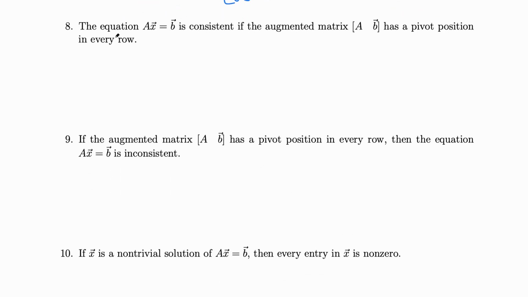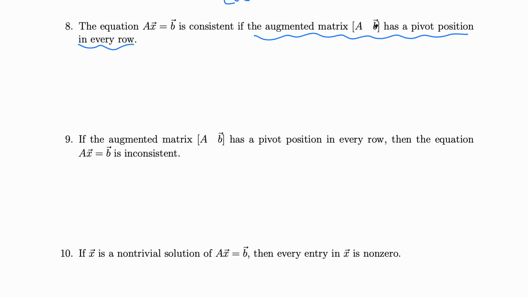Here, the equation is consistent if the augmented matrix has a pivot position in every row. So we want to assume the augmented matrix has a pivot position in every row.